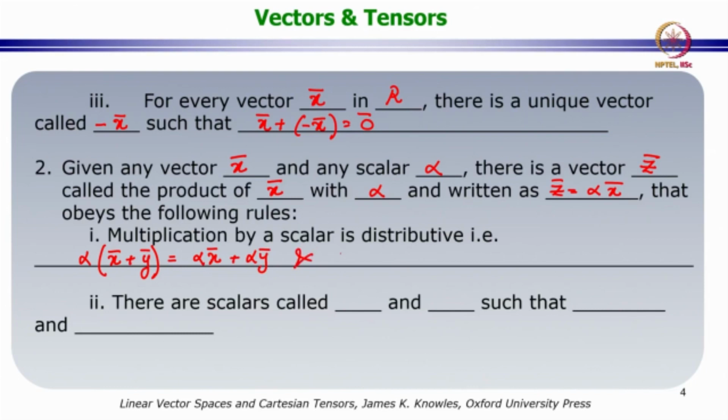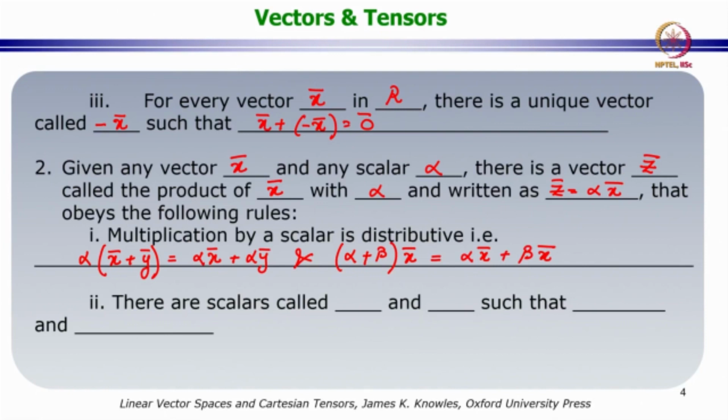And one more: if there are two scalars, let us say alpha and beta, and I want to multiply their sum with the vector x bar, then this is the same as alpha x bar plus beta x bar. So that is one rule.